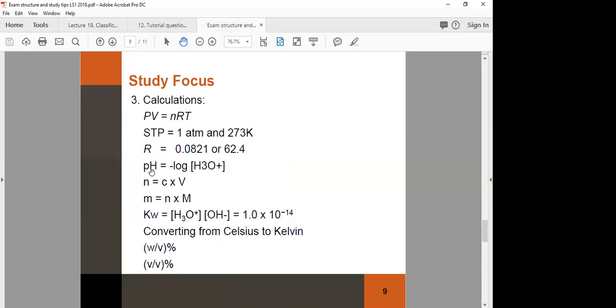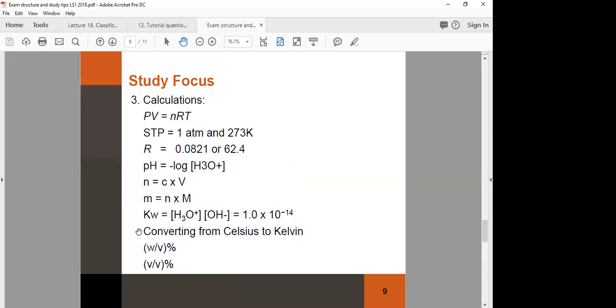Know how to calculate pH. Okay, our molarity formula, N equals C times V, our molar mass formula. Okay, remember our ion product constant. So how to calculate the concentration of hydronium ions or the concentration of hydroxide ions given the other value.